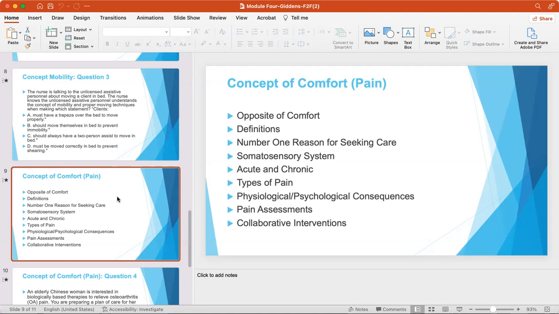Tissue injury can activate these nociceptors as well. So that's important to note, because it transmits pain information to the somatosensory system, which is a process known as nociception.